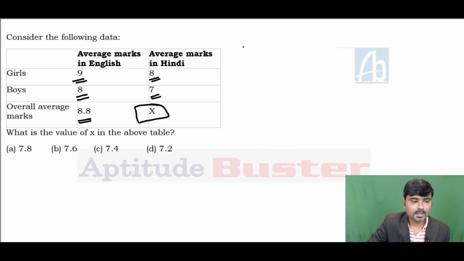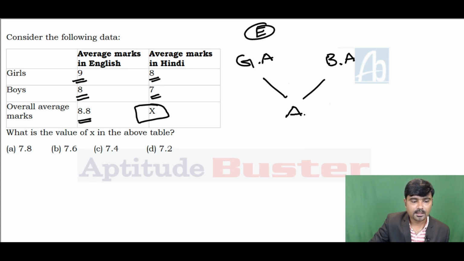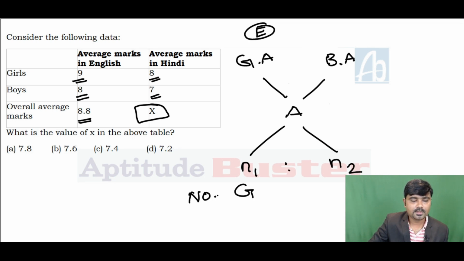Now the first one, we take only the course English. Girls average and boys average, and overall average A, it's nothing but N1 is to N2. This one is the number of girls, this one is the number of boys. Okay, substitute the values.